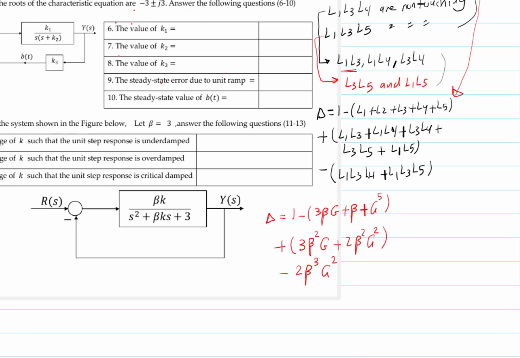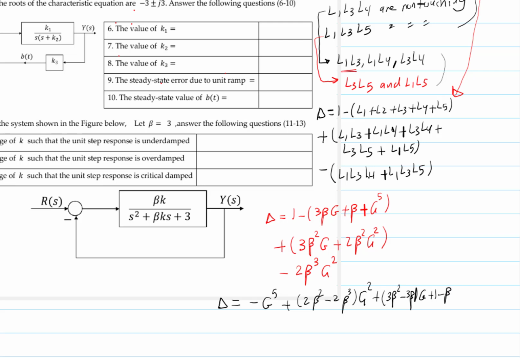If we rearrange it, we will have delta equal to minus g to the power 5 plus 2 beta square minus 2 beta cube g square plus 3 beta square minus 3 beta g plus 1 minus beta.